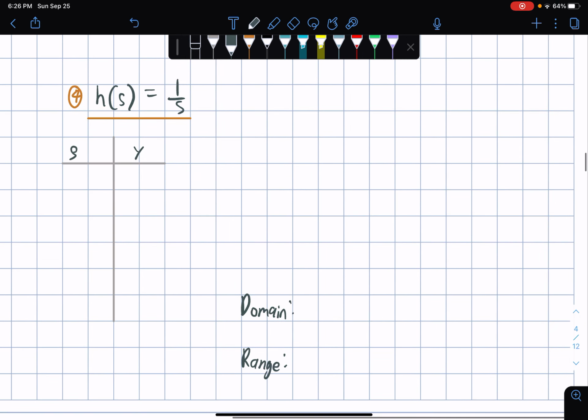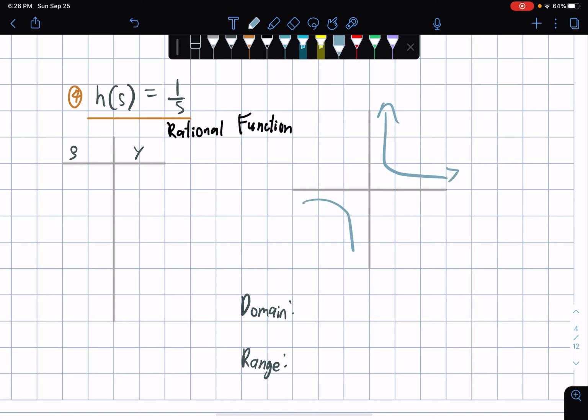For number 4, actually, let me identify this function first. It's actually a rational function. This is one of the types of functions that I've been talking about a while ago, something that we don't have to graph anymore in order to find the domain and range of. For rational functions specifically, if the rational function is positive, this is what it looks like. And if it's just 1 over x, these lines will never meet 0.